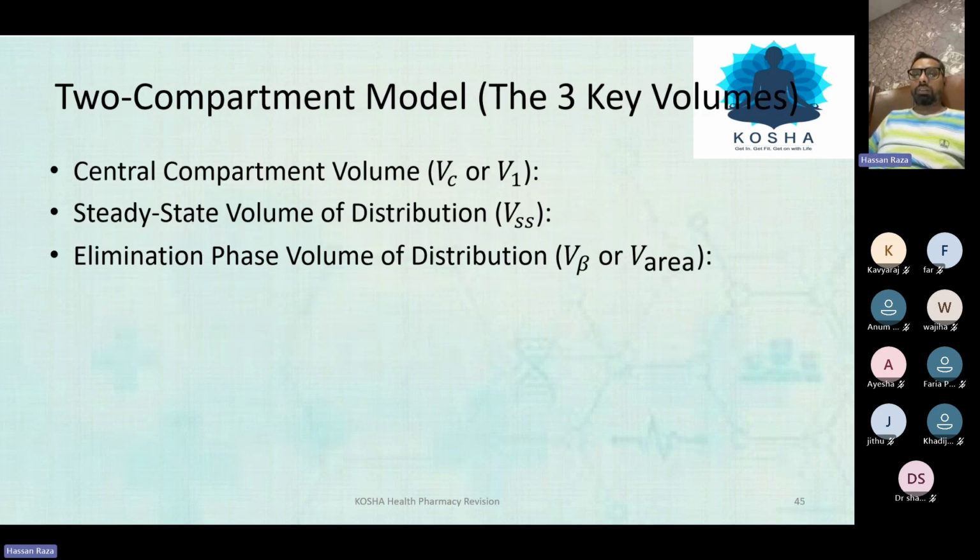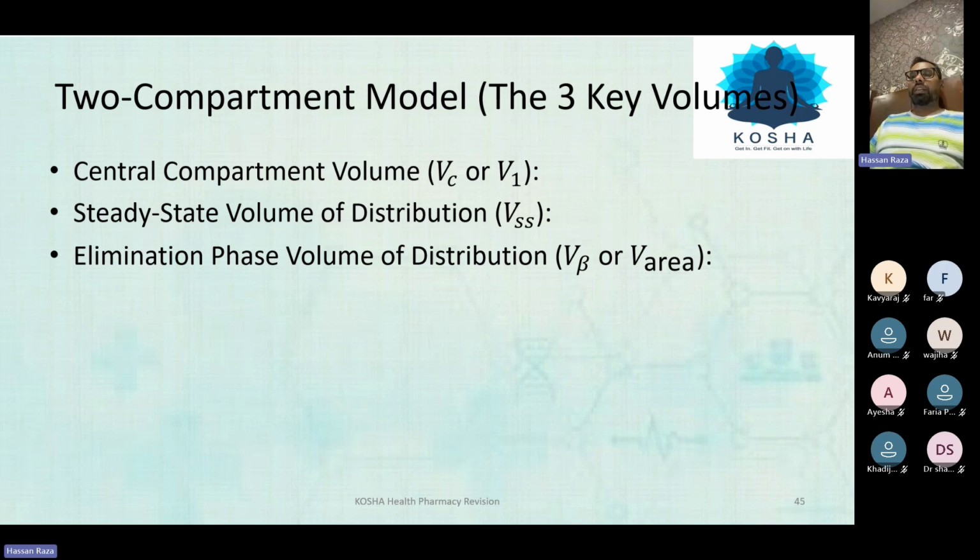Okay, this is not important. Now one more thing, for the two compartment model, there are three types of volume of distribution. One is the central compartment. Let me make it easy for you. We all know that we cannot determine the concentration of drug at the site of action.